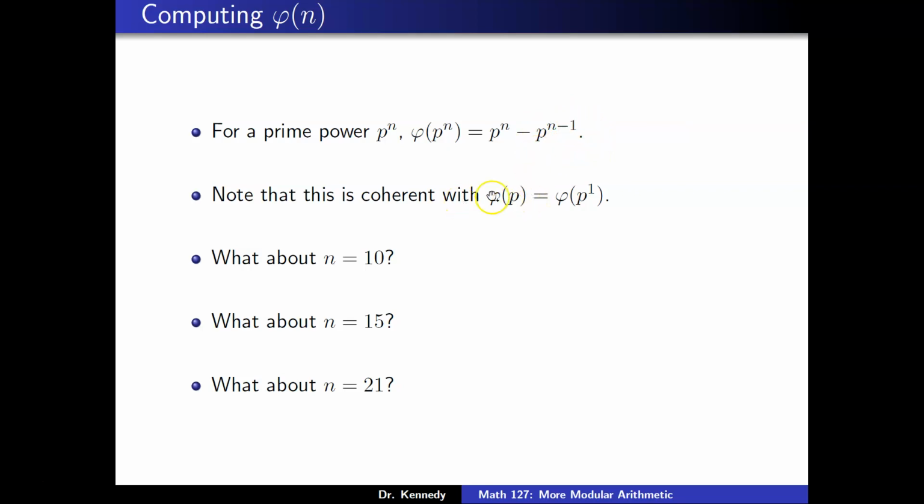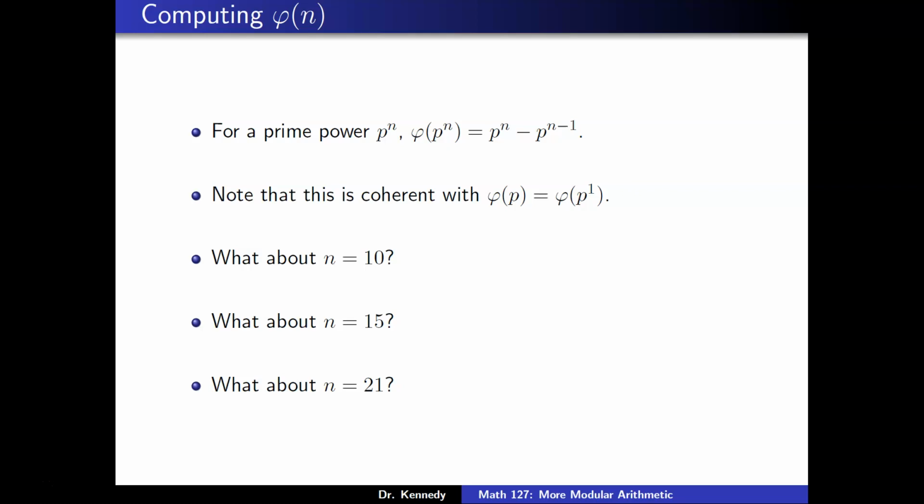Notice that this is coherent with what we saw with phi of p. Phi of p is p minus 1. 1 is p to the 0. So p to the first minus p to the 0 gives me p minus 1. So that tells me how to find the Euler phi of a prime and of a prime power.